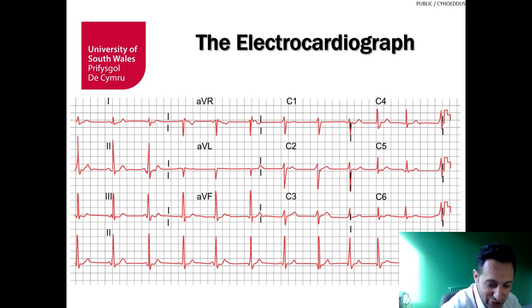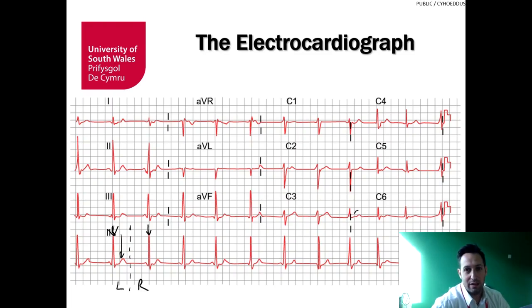So here's a cheat. What you do is you find an R wave, and I'm going to use this one here on the bottom, and another R wave, this one here on the bottom, and I'm going to take a halfway mark between the two. If my T wave comes on the left hand side, QT is normal.